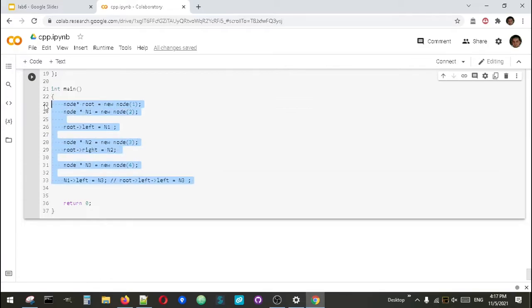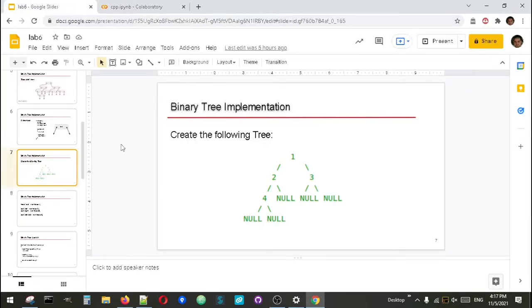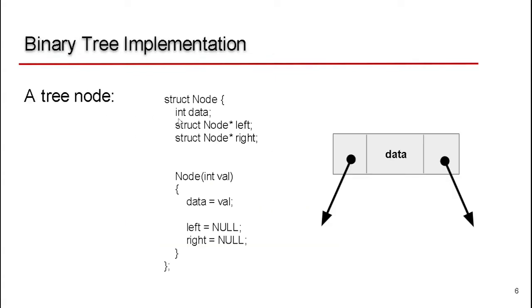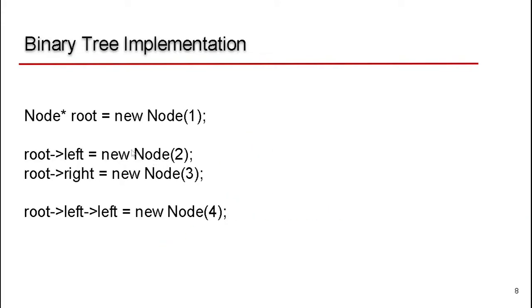We will have better methods next session, because next week we will not have a session. So the task of creating this tree is completed. Here I'm just saying how you implement this, using the node implementation or using a class.